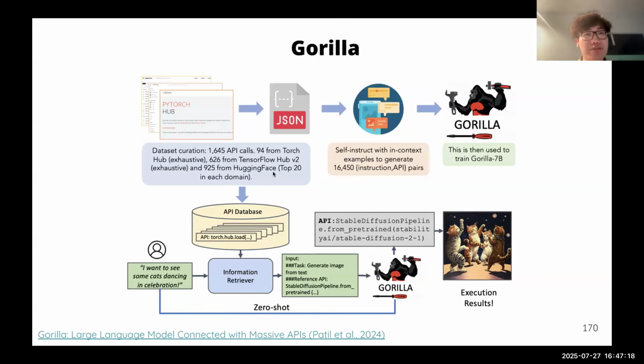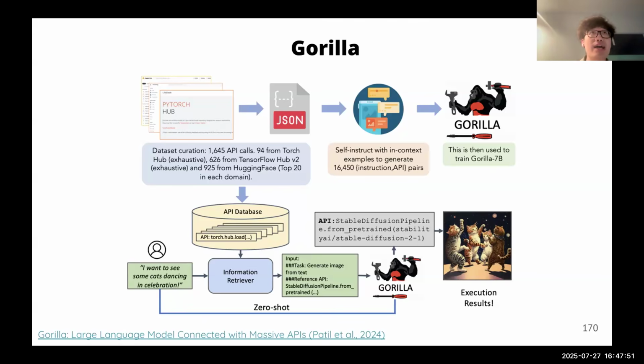In those API hubs, we have different kinds of API calls for different kinds of usage, and then they can have similar formats. And then they use a self-instruct method, which we covered in the previous part, and also together with some in-context examples to generate the instruction API pairs. So they totally generate like 16,000 instruction API pairs and use it to fine-tune a model, the so-called Gorilla model.